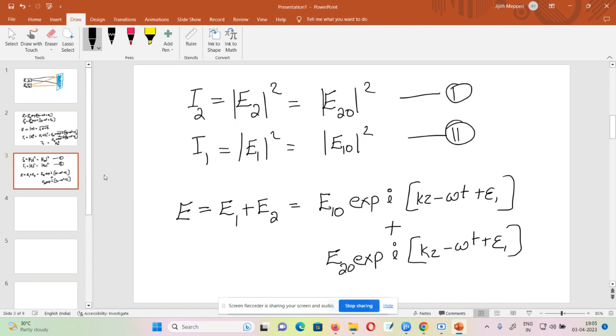If you add two waves, it is a complex addition of these two things. Correct?